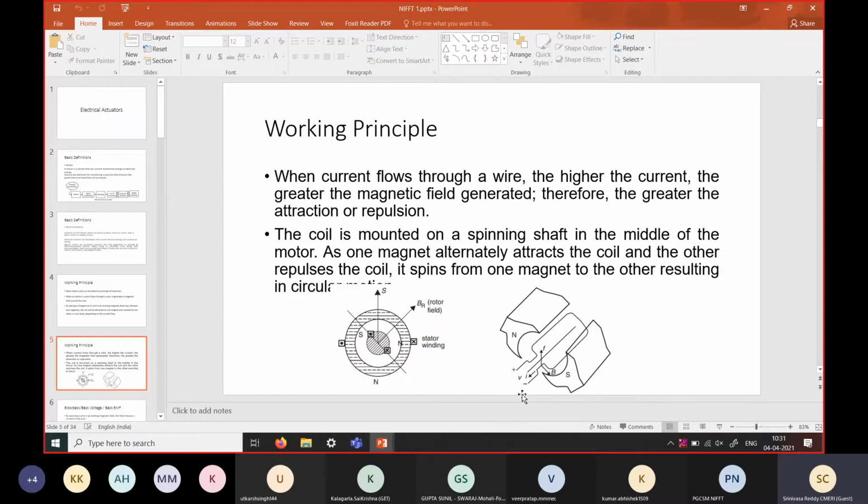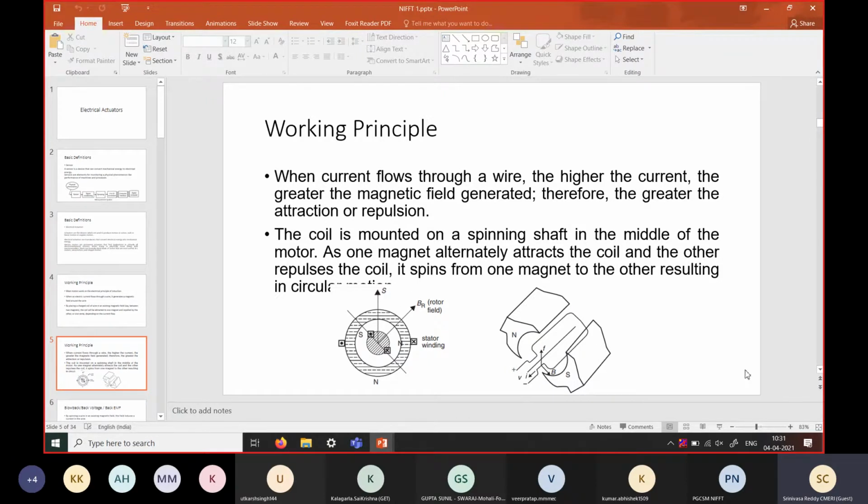This is just a brief schematic of the winding, but in a practical motor there are several such windings on the armature, which result in a continuous torque.